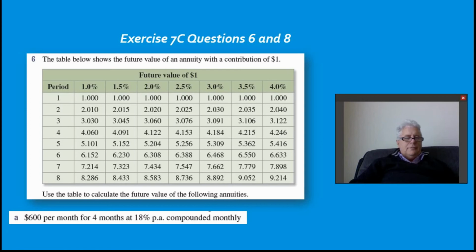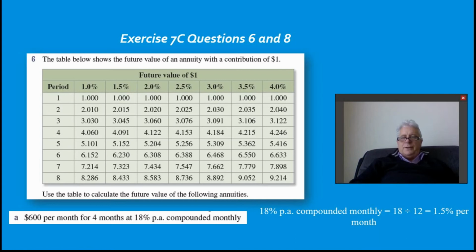$600 per month for 4 months at 18% per annum compounded monthly. So with a monthly compound, we have to divide the 18% by 12 because there's 12 months in a year. That gives us 18 divided by 12 is 1.5% per month.